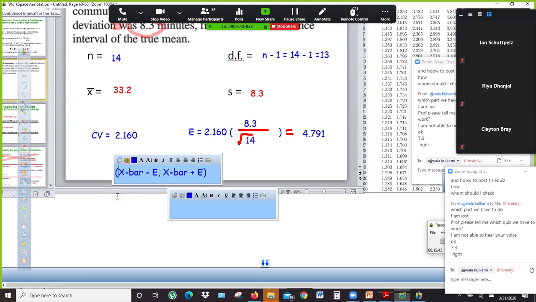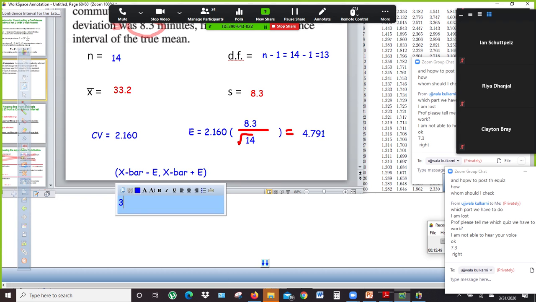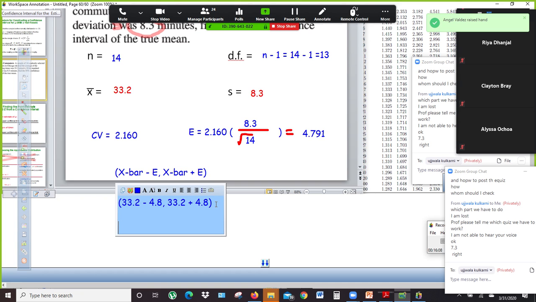So what's our x bar? 33.2, our best guess, minus 4.791, we'll round it to 4.8, and 33.2 plus 4.8, which ends up being 28.4, comma, 38.0, looks like.